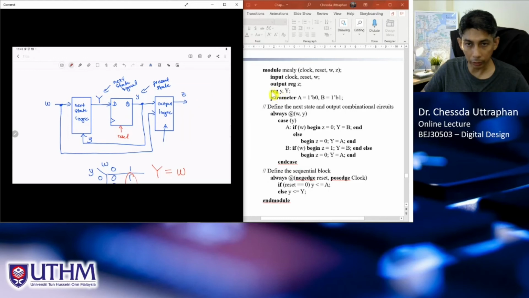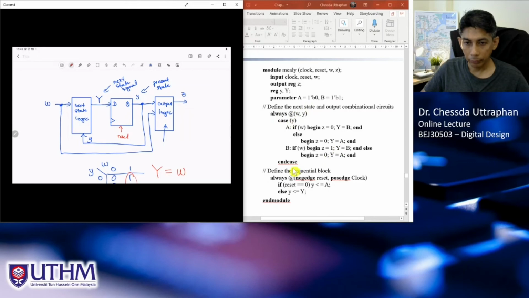So we need to define this as reg, small y and capital Y, and parameter to represent the state. So A is equal to 0, 1 bit, and B is 1. A is equal to 0, B is equal to 1.